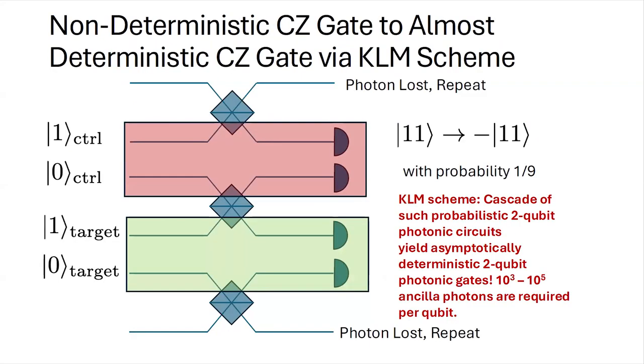So this is one example, which is making a controlled Z operation using only linear optical elements. We send the light here to this upper beam splitter, and there is another channel here. If this photon is found with some probability in the upper channel, then it is lost.